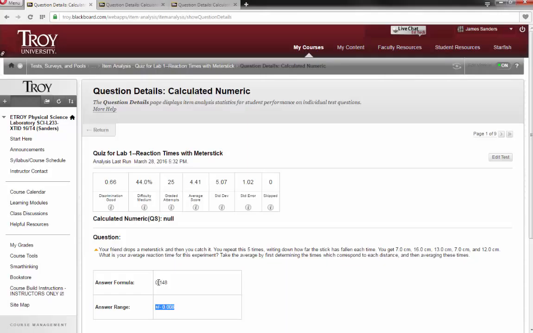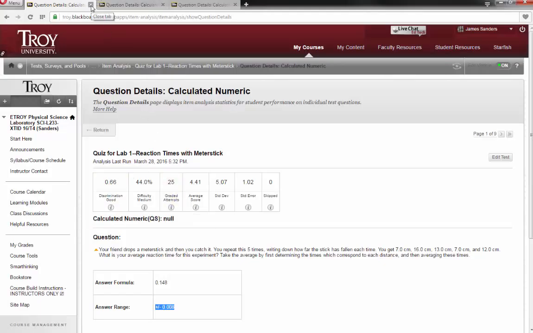So if you put as your answer 0.140, Blackboard should mark that as right. If you put 0.15, Blackboard should mark that as right. If you put 0.156, Blackboard should mark that as right. If you put 0.157, Blackboard should say, no, you're wrong. So that's just kind of an interesting factoid for you.